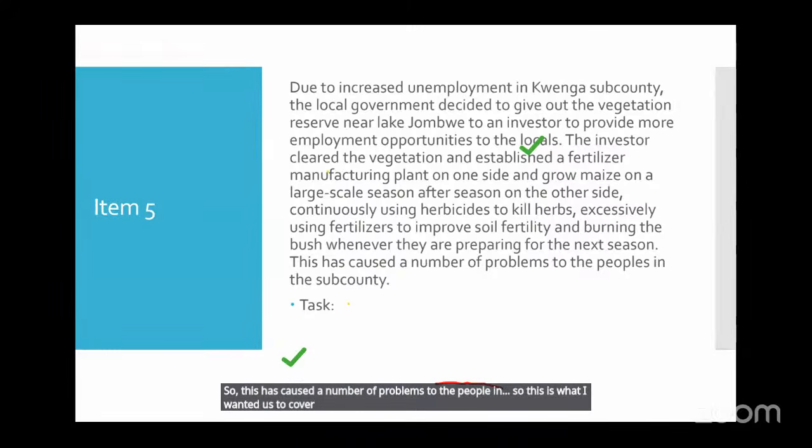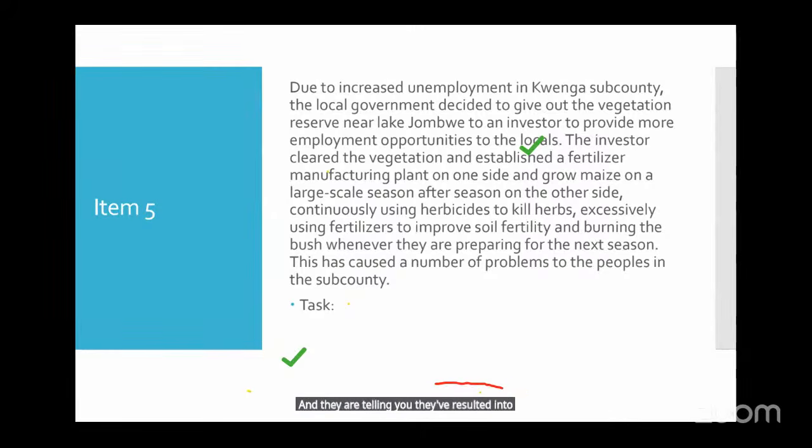So here you are given various activities and they are telling you they've resulted into a number of problems. So it's not the problems that are talked about. That's where you have to link every activity to a problem.